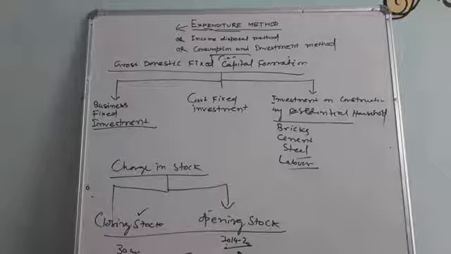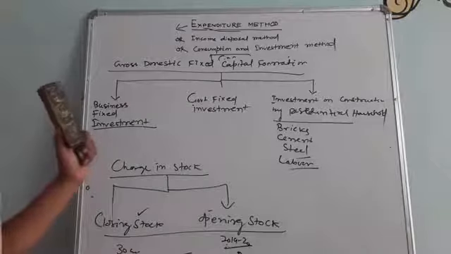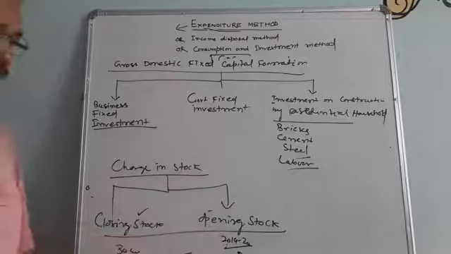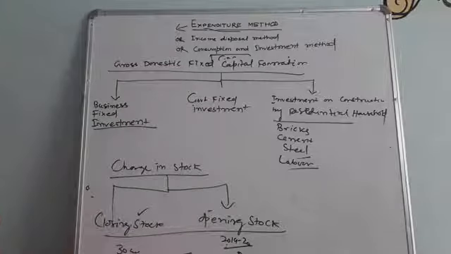Next, expenditure method, components of GDP at market price. First one is final consumption expenditure.